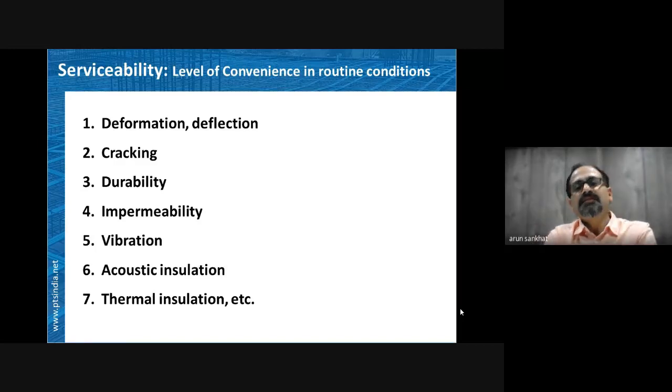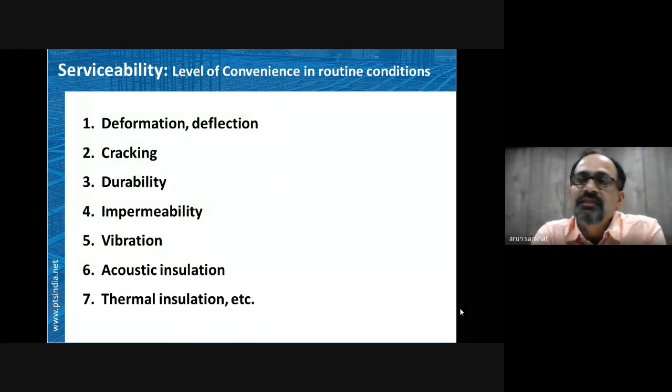Vibration is again a natural inherent property of a particular form. A slab, in a particular condition, has a particular natural period or natural frequency. A beam can have a particular natural frequency, and a column can have a particular natural frequency when isolated.